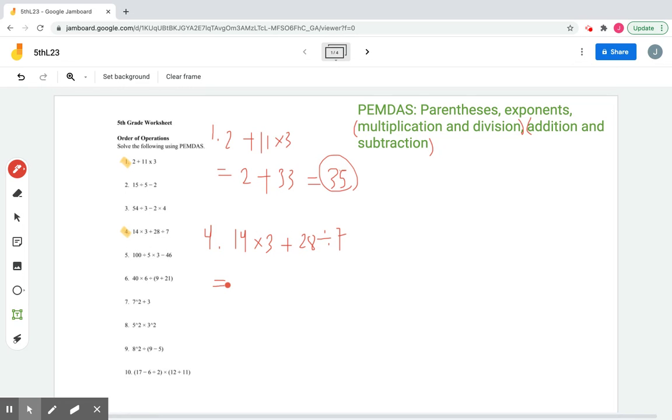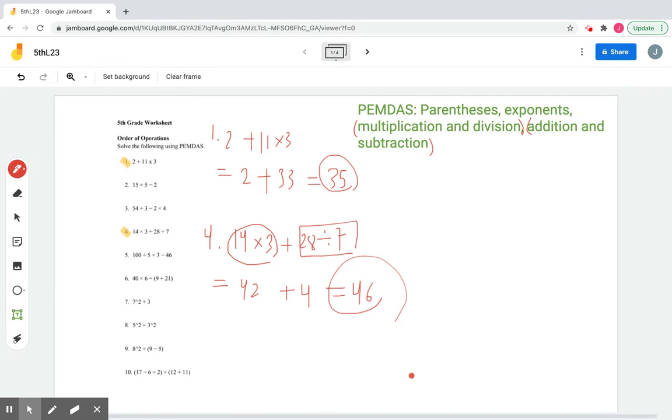So we're gonna do multiplication and division first, and then we're gonna add. 14 times 3 is 42, and 28 divided by 7 is 4. Now I'm going to add those two. 42 plus 4 is 46, and this will be the final answer.